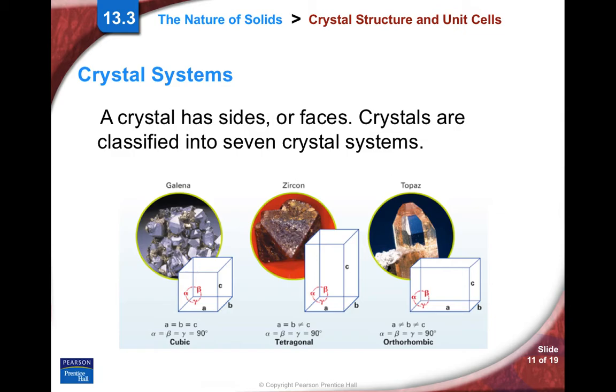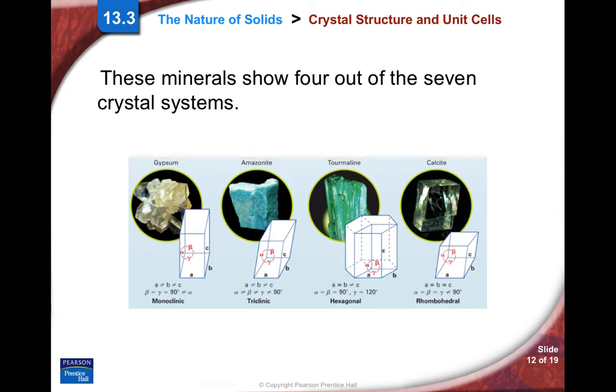You can evaporate some table salt water and look at them with a hand lens. It's pretty interesting. They are little cubes. Same with galena. Tetragonal and orthorhombic are some other shapes, and there's all these formulas. There's a lot more to this, but I just want to run through it really quick. And then there's monoclinic, triclinic, hexagonal, and rhombohedral. So your geometry comes into use, and those are the other of the main 7.